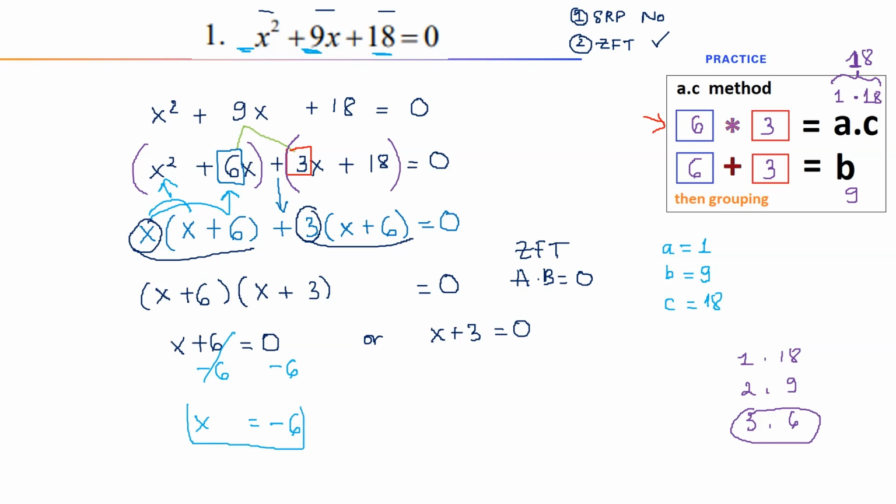This is one of the answers, right? Or x plus 3 equals 0. I subtract 3 from both sides. On the left hand side, I have x. 3 minus 3 is 0. 0 minus 3 is minus 3. So x equals minus 3. So the solution set is minus 6, comma, minus 3.